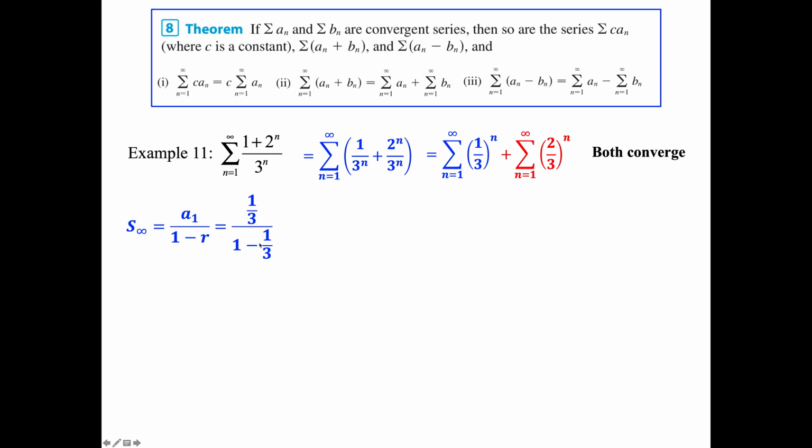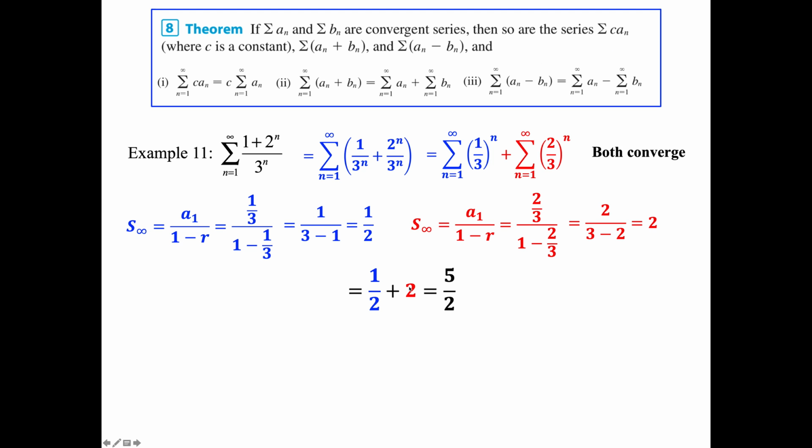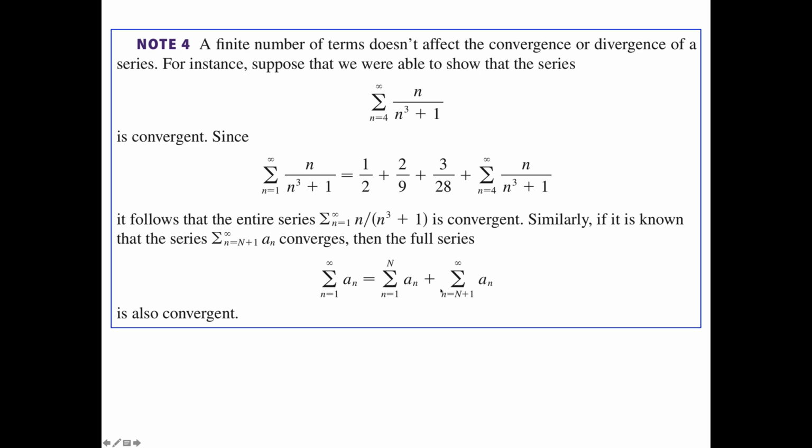So 1/3 over 2/3 is a half, or you can multiply top and bottom by 3 and get 1 over 3 minus 1, which is 1/2. For the red, plug in the 1, 2/3 to the first, that's your first term. 1 minus r is 1/3, so it's 2/3 over 1/3, which is 2, or again, multiply top and bottom by 3. You get 2 over 3 minus 2, which is 2. Add those together, we get 5/2.